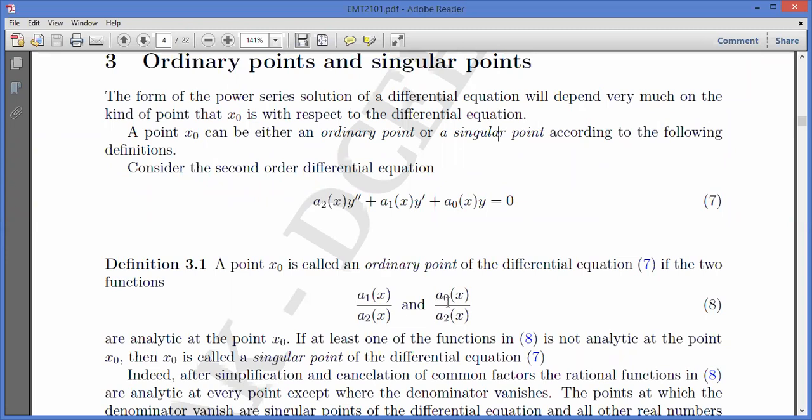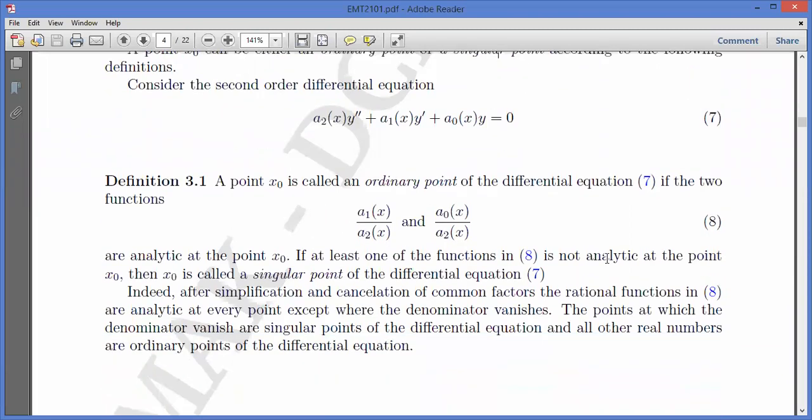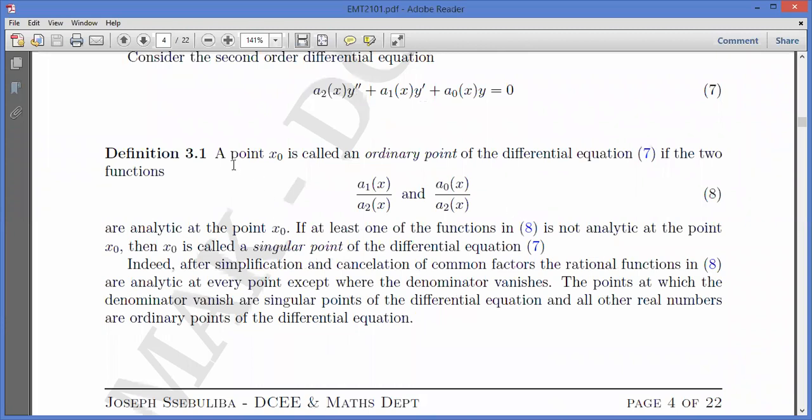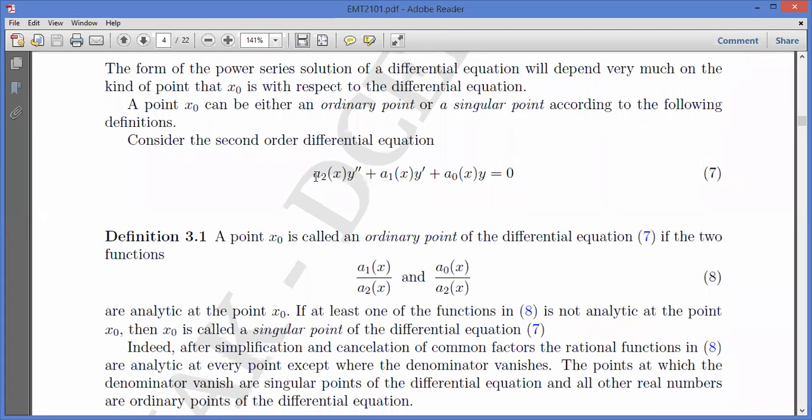Now we are going to use this to understand what is ordinary and what is singular. From this, we are saying a point x naught is referred to as an ordinary point if these two functions, which are derived from these ones here, are analytic at the point x naught.